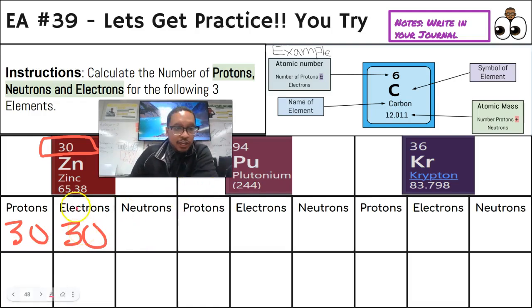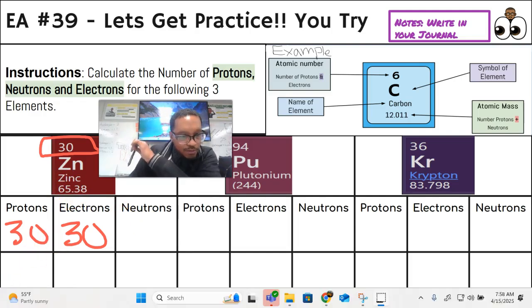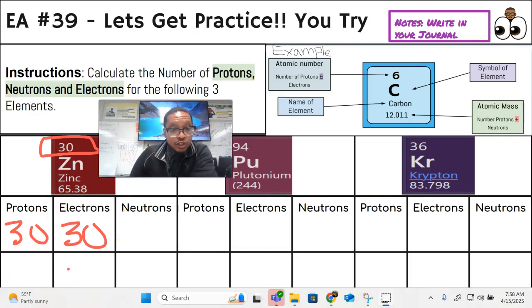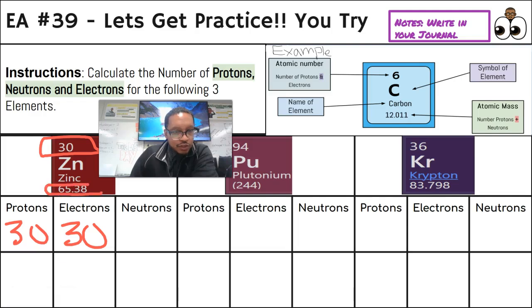Now this is where we got to do some calculating. The number of neutrons here, you're just going to go ahead and take the 65, which is the atomic mass, and subtract out the atomic number, and then round to the nearest whole number.